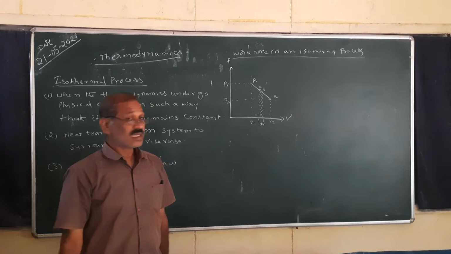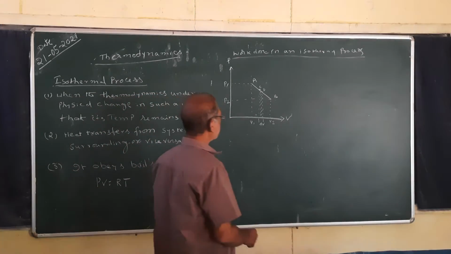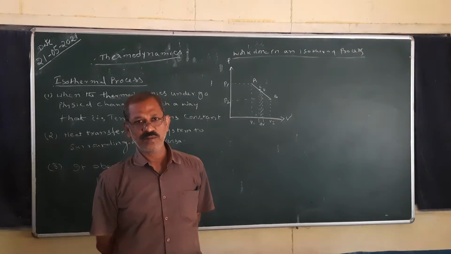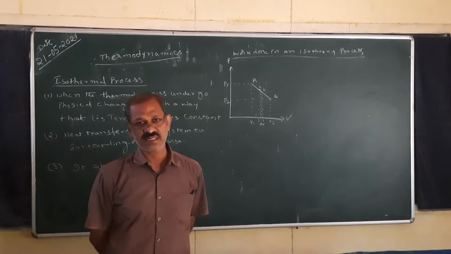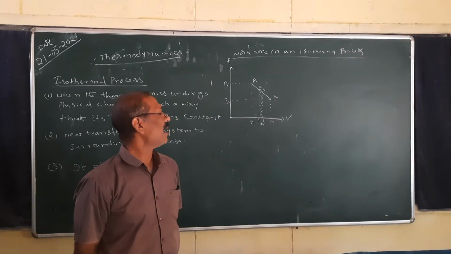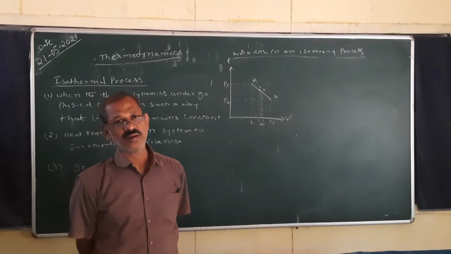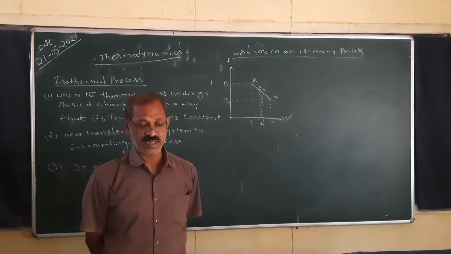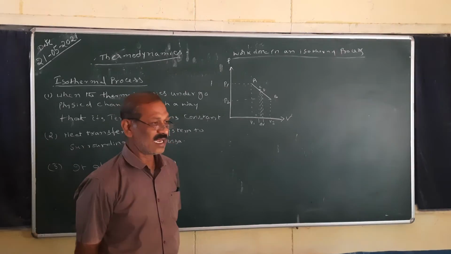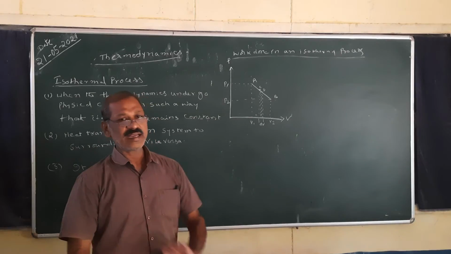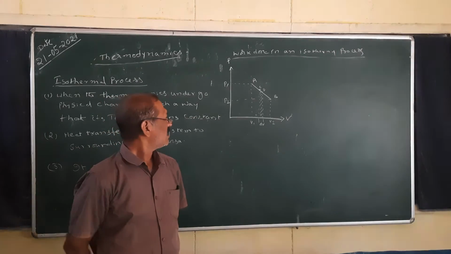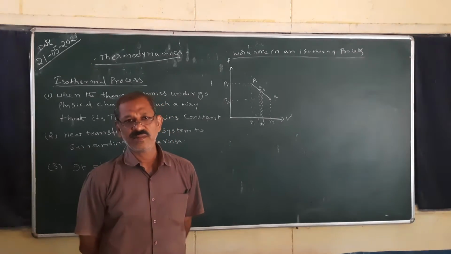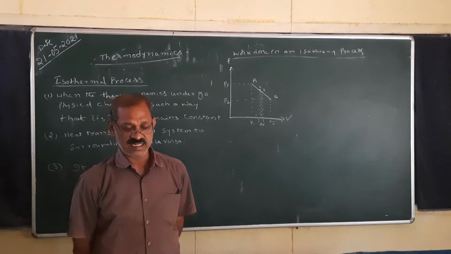Work done in an isothermal process: let P1, V1 be the pressure and volume of the gas at the initial state. Let P2 and V2 be the pressure and volume of the gas at the final state B, and an intermediate state CD. Here at the point C, there is a small increase in the volume, the pressure remains constant.